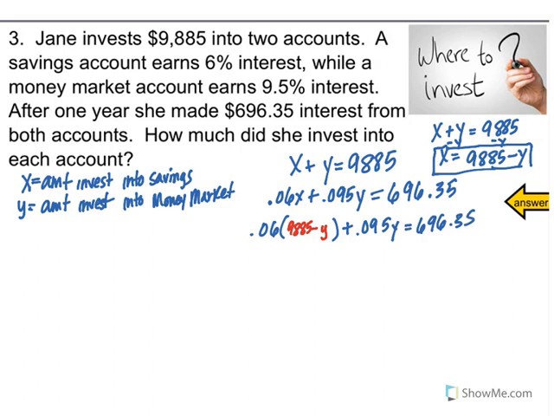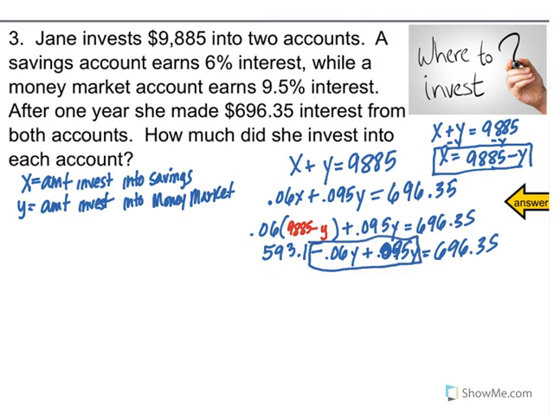I take 0.06 and I multiply it to 9,885, and I get 593.1 minus 0.06y plus 0.095y equals 696.35. I combine like terms here, so if I combine negative 0.06 plus 0.095, what I'm going to end up with is positive 0.035y equals 696.35.